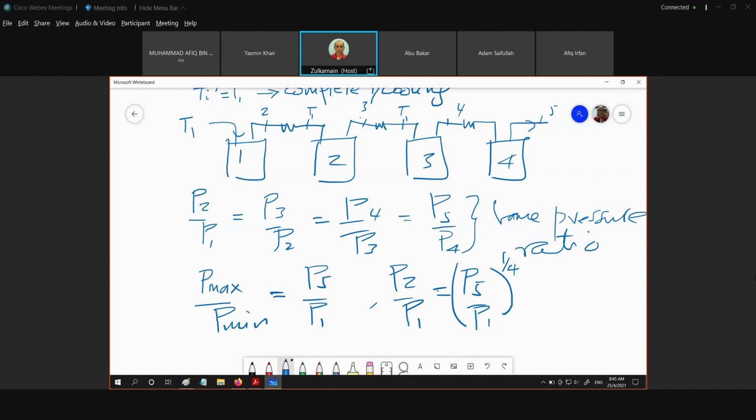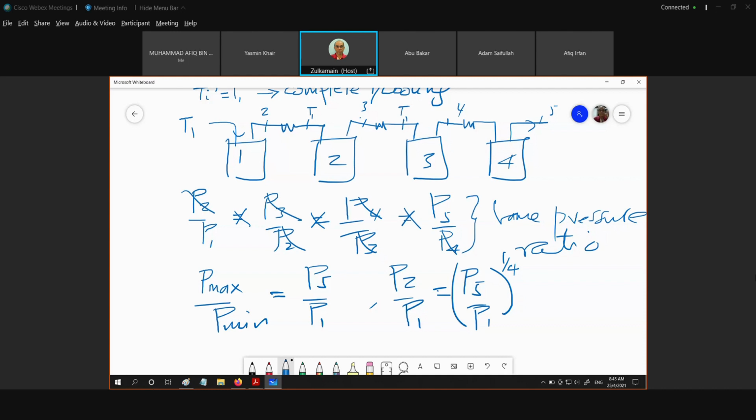Kalau kita kalikan semua ni, kita akan dapati P5 per P1, ini cancel. Nampak tak? P5 per P1.